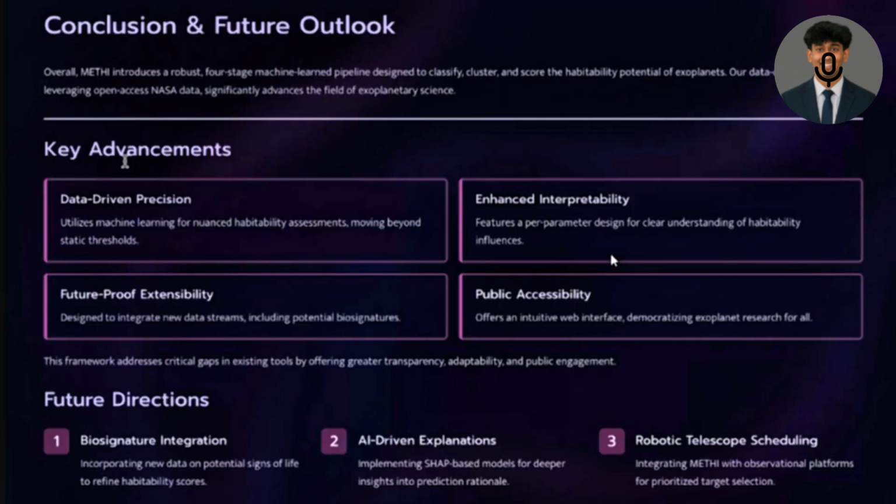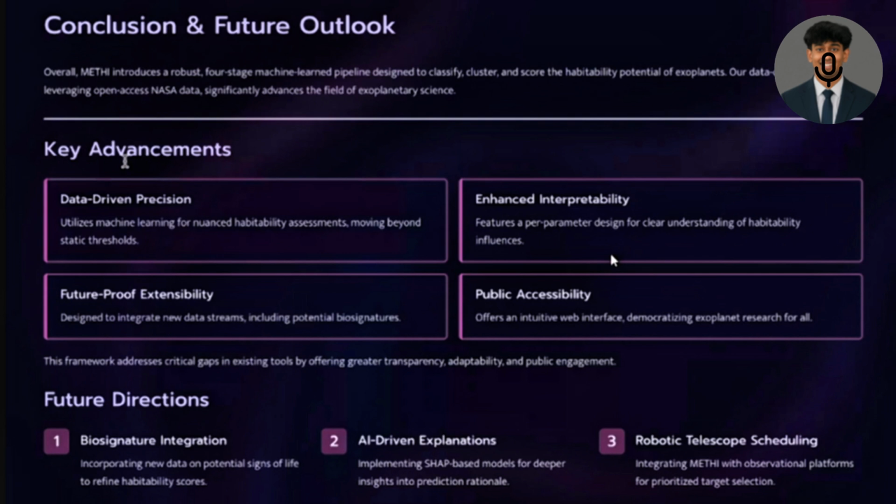And then finally, for the conclusions, like I said, the big key advancement was that METHI used machine learning. We found the ensemble model to be the best model, and that model had a very high score of 0.9, which showed that it was pretty accurate compared to the actual scores.